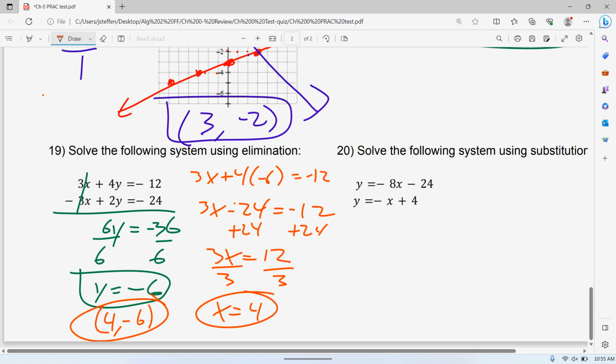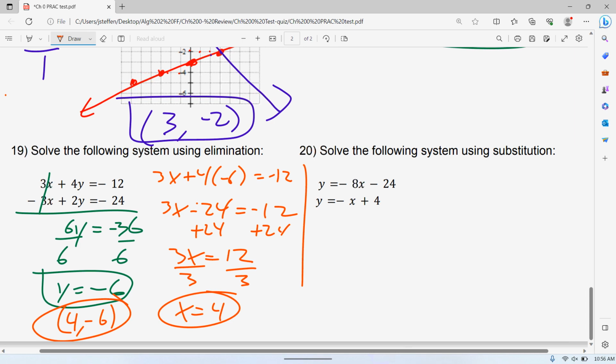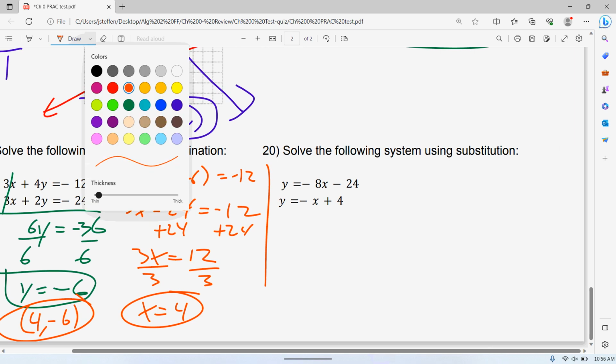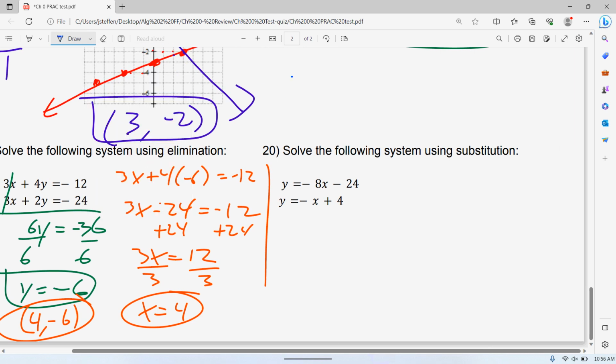And last but not least, I'm going to solve a substitution. Now they're both. Plug it into the y one, so you end up with negative x plus 4 on the left, because that's where that y is. Negative 8x minus 24.